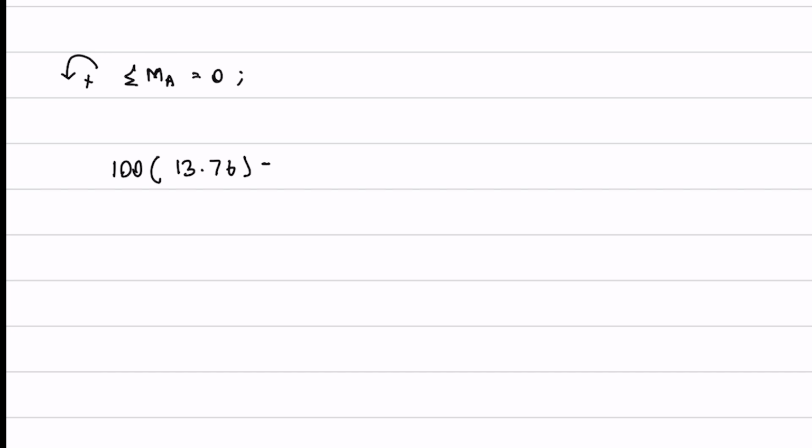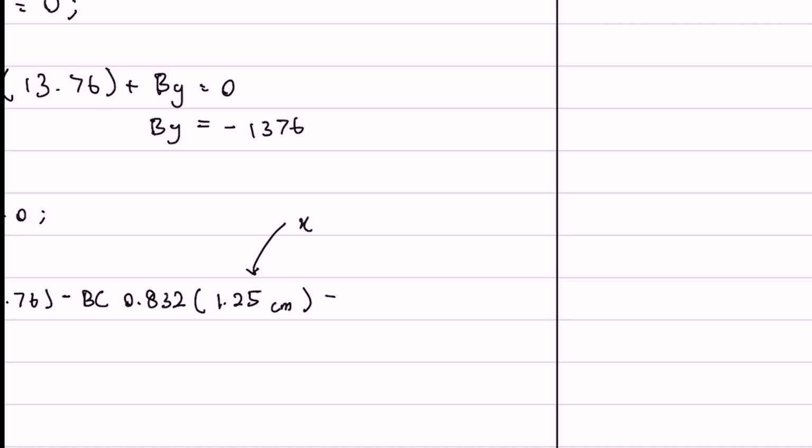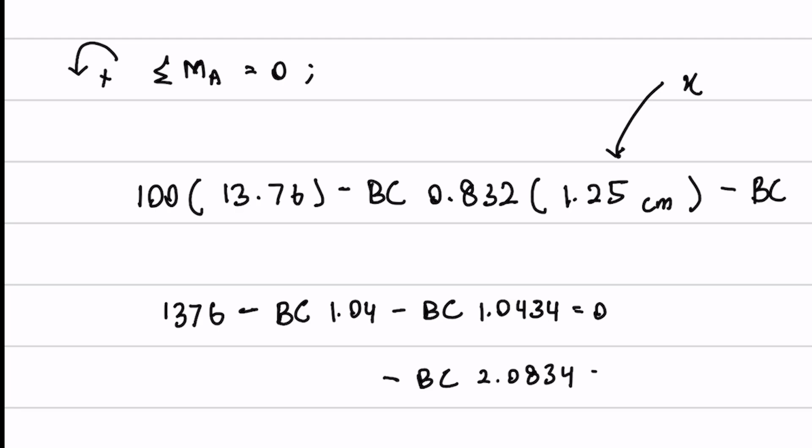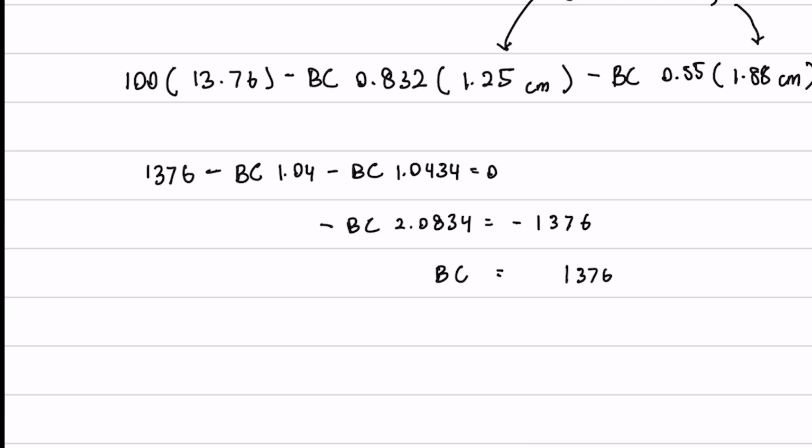Sum MA equals 0: 100 times 13.76 minus BC 0.832 times 1.25 cm for the X axis, minus BC 0.555 times 1.88 cm for the Y axis equals 0. So total is 1376 minus BC 1.04 minus BC 1.0434 equals 0. So the final answer is BC is 660.46.